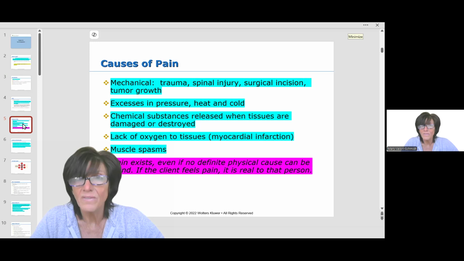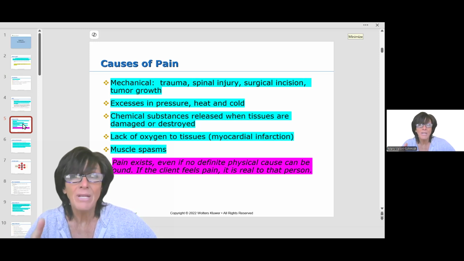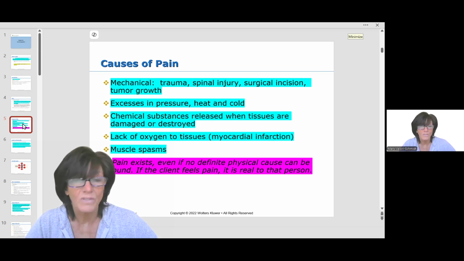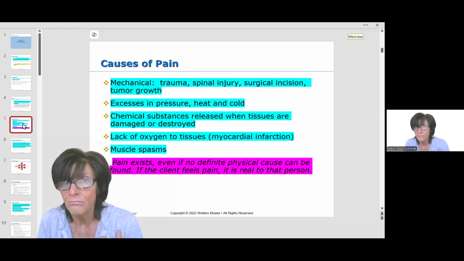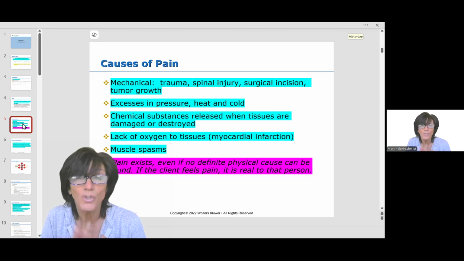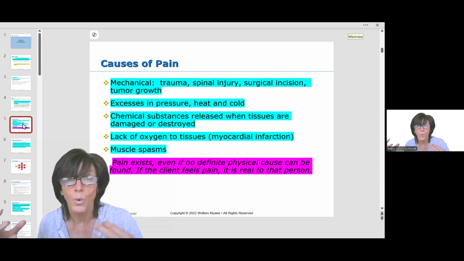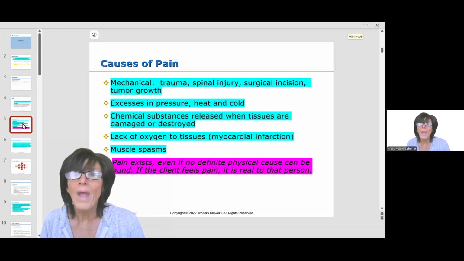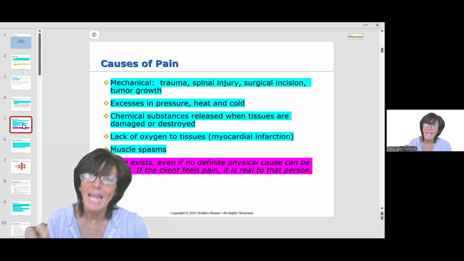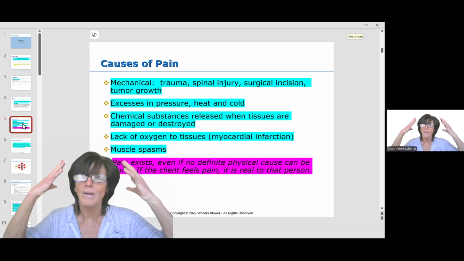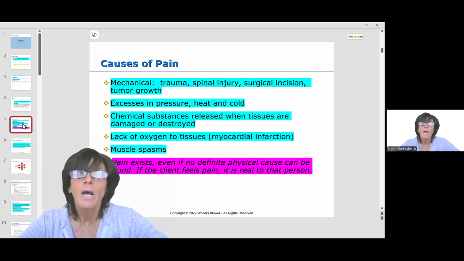What are the causes of pain? Pain can be caused by something mechanical. In other words, a trauma, you fell, a spinal injury, a surgical incision, the growth of a tumor. It can be because of things like pressure or too much heat or too cold. When there's damage to tissue, chemical substances get released, and that helps to send the signal to the brain, hey, this hurts.